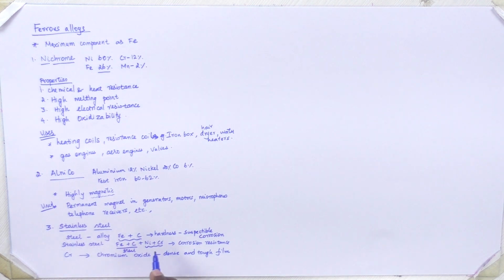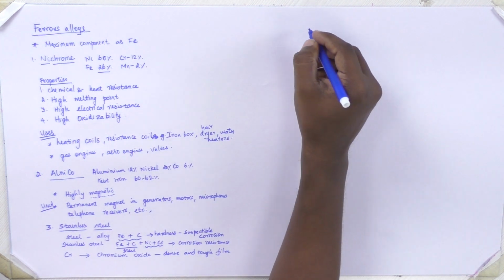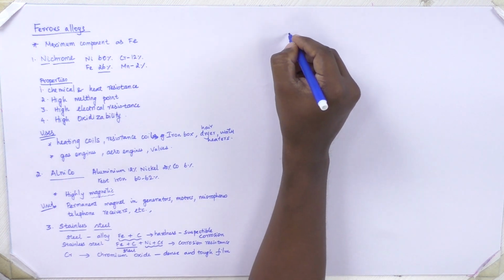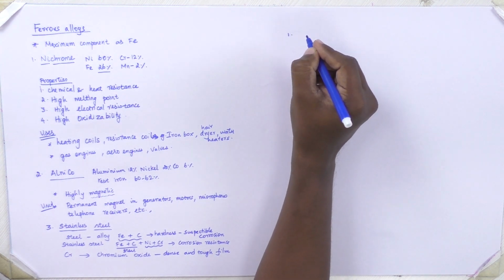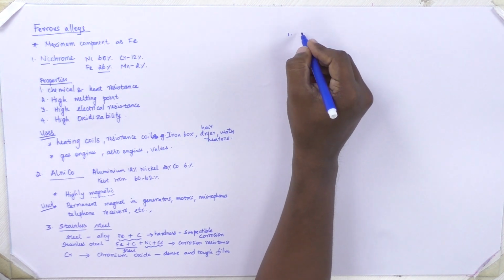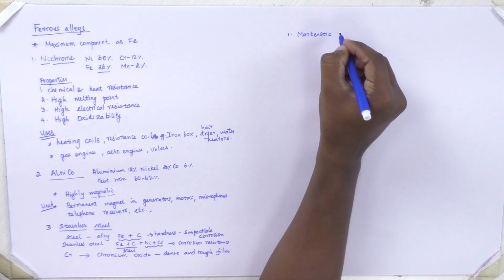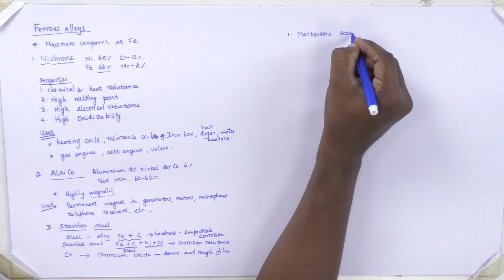So we have several stainless steel types, and we are going to look at them one by one. The first one is martensitic stainless steel.